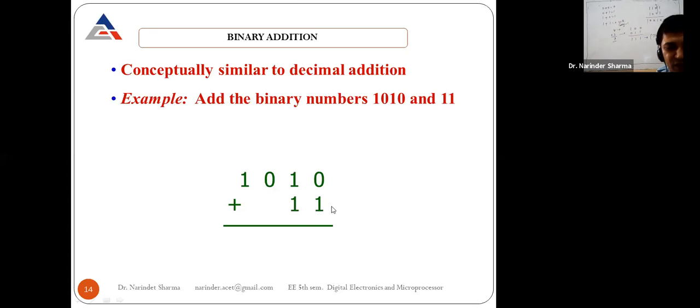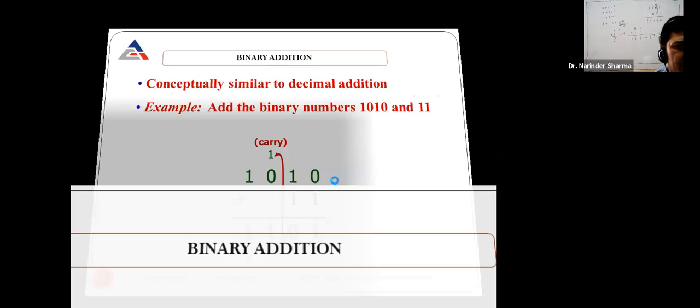You can see 0 plus 1 is 1. 1 plus 1 is 0, and this carry has been transferred over. 1 plus 1 is 0, this carry has been transferred over. So this would be again 1 plus 0, that is 1, and this 1 will be here. In this way, we can pursue the binary addition.